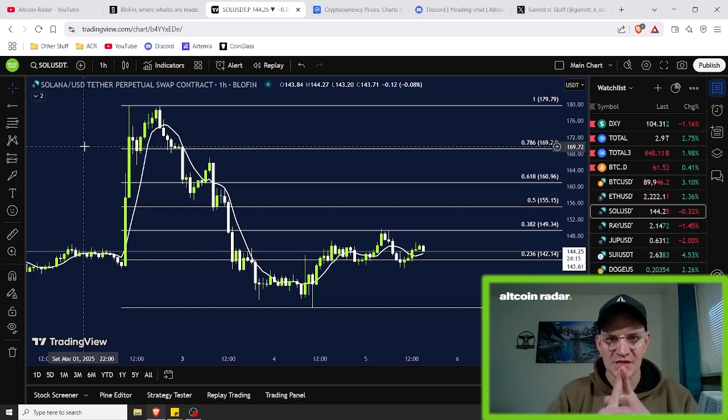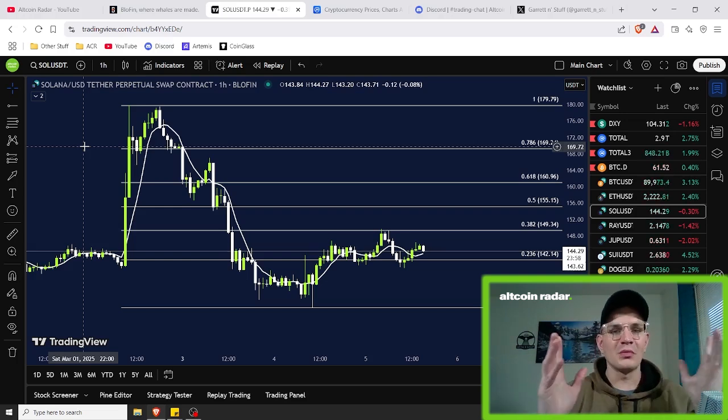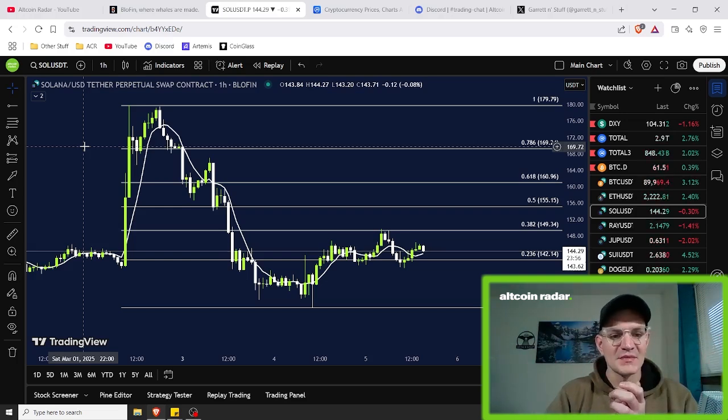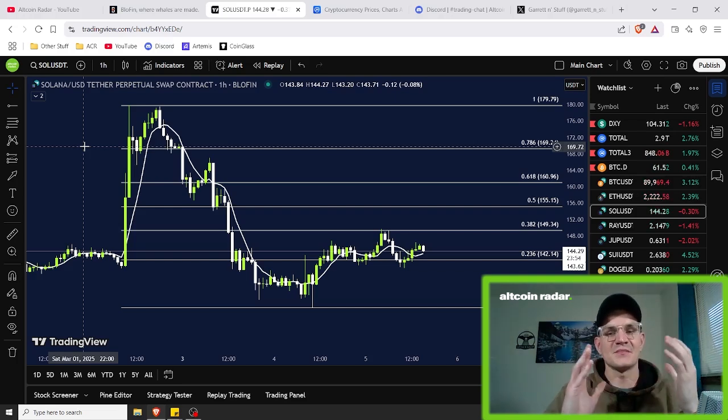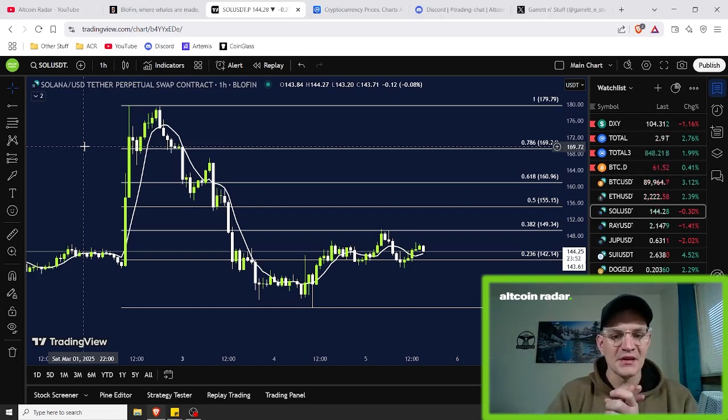I use support and resistance levels for my entries and for my exits and when I take profit, all right? Now, when I'm talking about support and resistance levels, there's all kinds of different ways you can find them. There is no black and white book out there telling you that support and resistance levels have to be done a certain way.